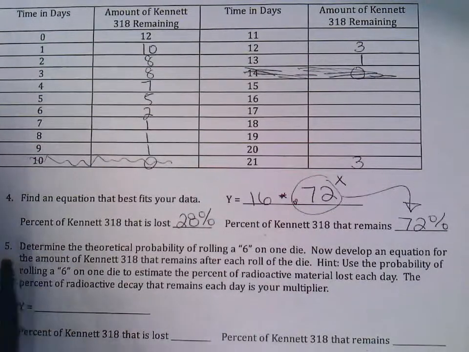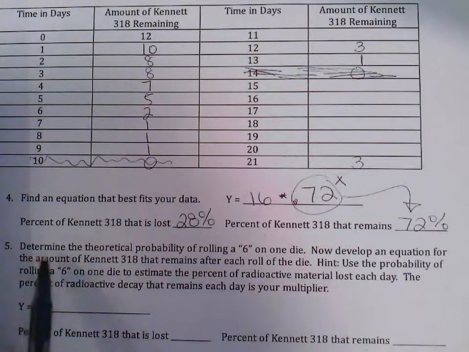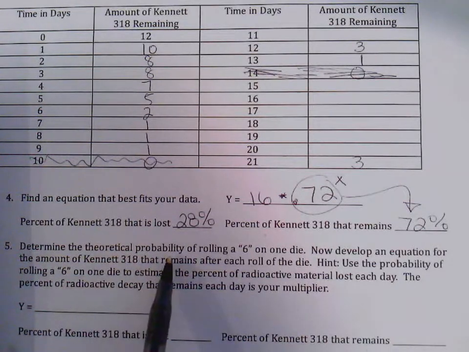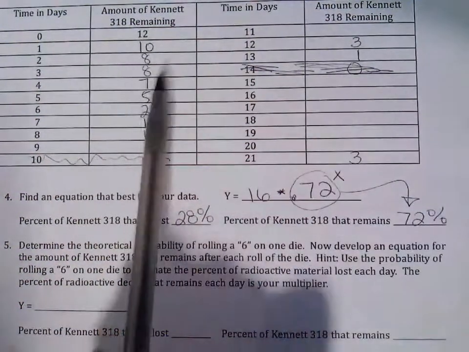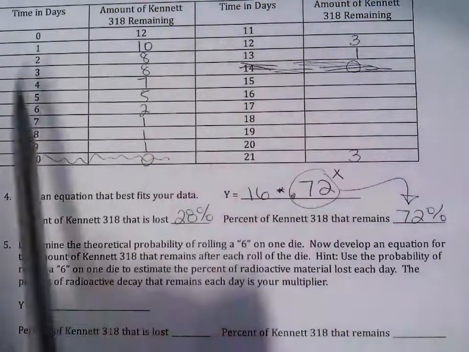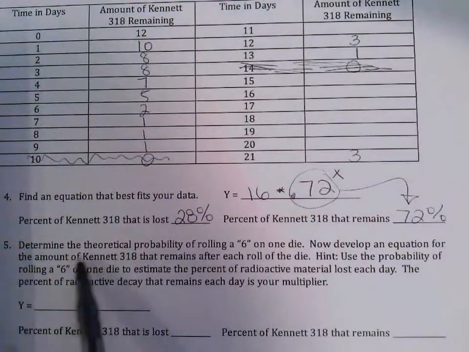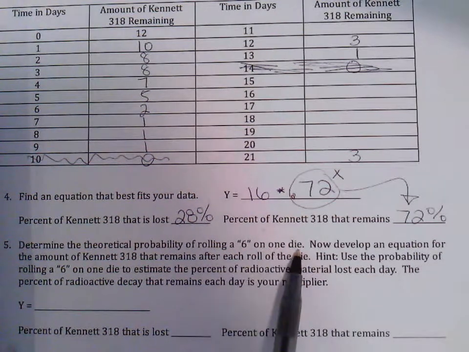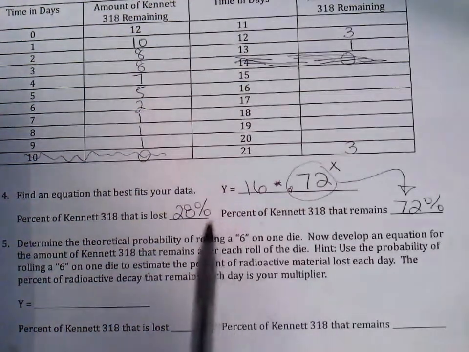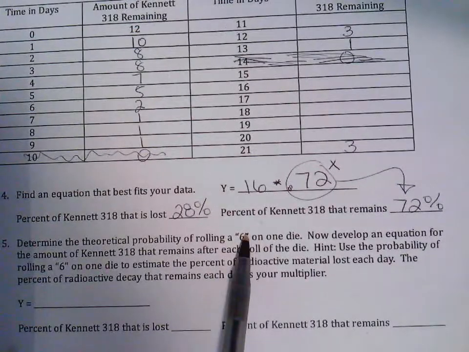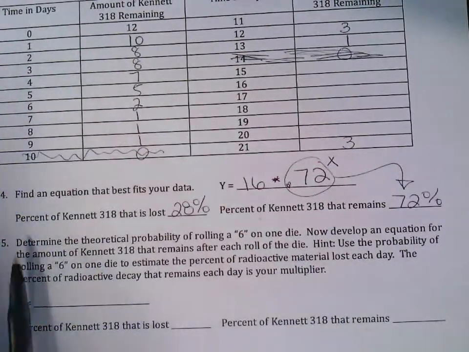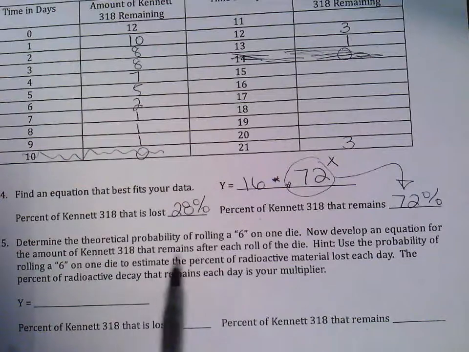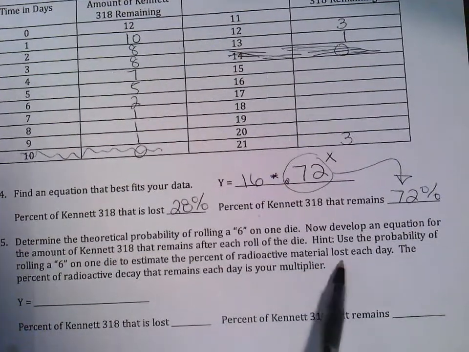So question 5, I want to do together, determine the theoretical probability. So this is experimental. You're going to have your experimental data here. Don't use mine. Determine the theoretical probability of rolling a 6 on one die. Isn't that a 1 out of 6 chance? So it says use the probability of rolling a 6 to estimate the percent you should lose each day.